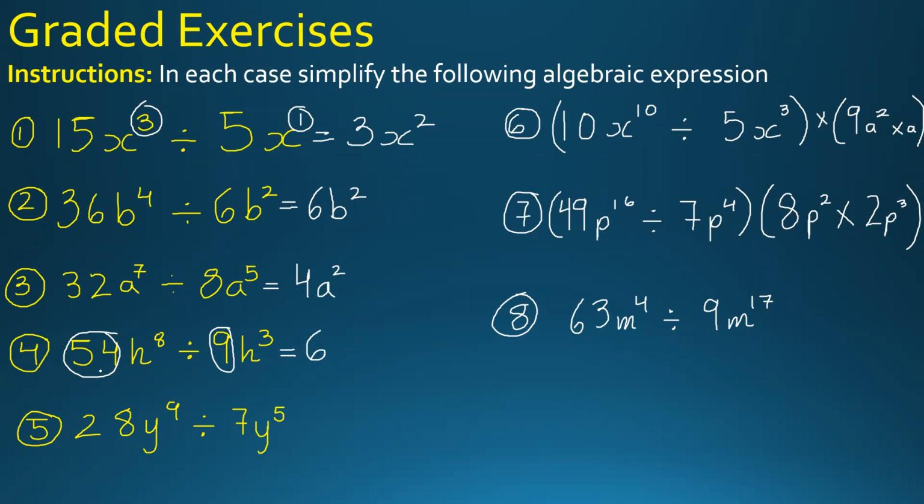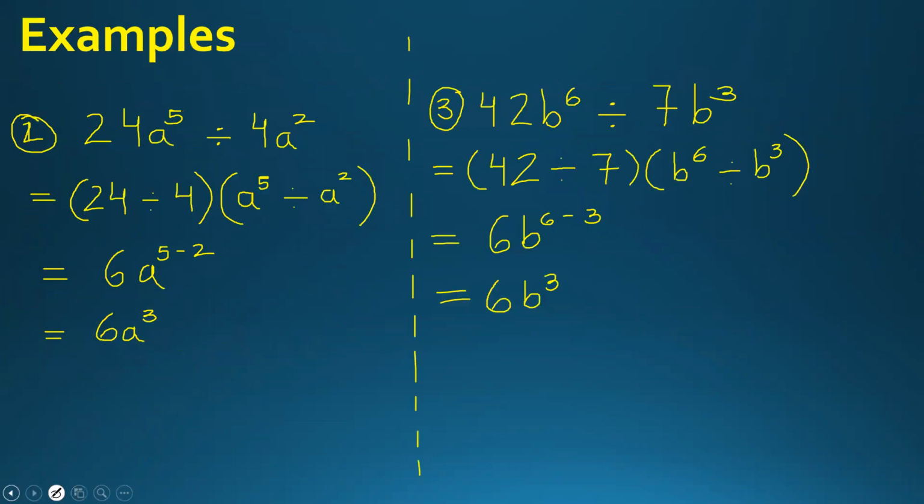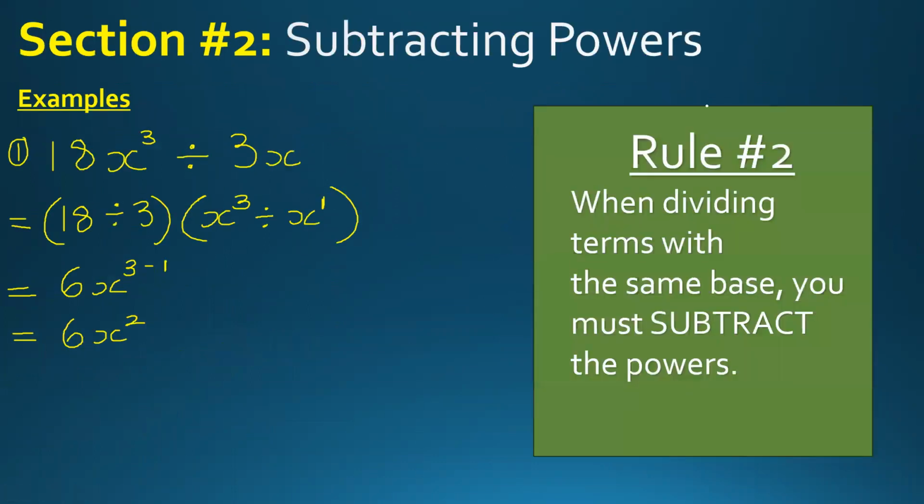So that's how we get the 6. Now we have h to the power of 8 and h to the power of 3. What are we gonna do with the powers? No, subtract them. Because remember, we said in the rule, if you have the same base, you're gonna subtract the powers.